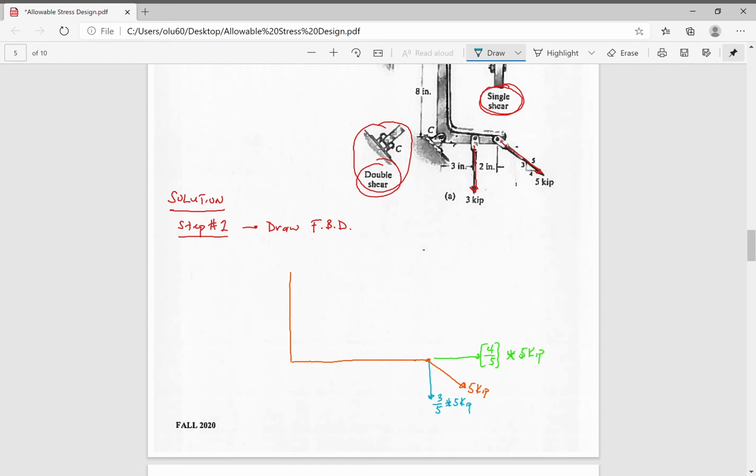So this force is broken up into its X and Y components. And we have a force AB here.